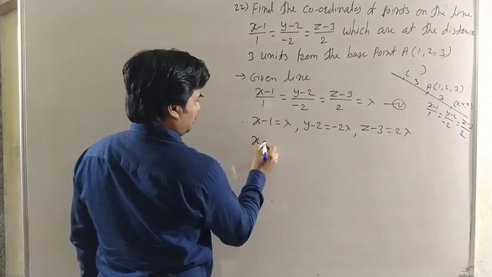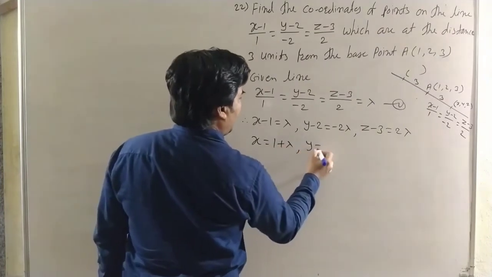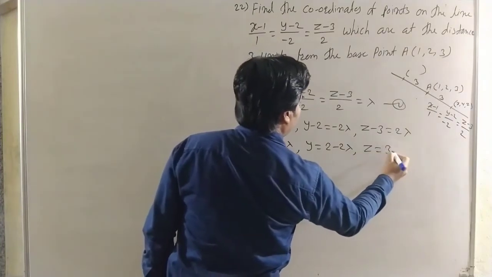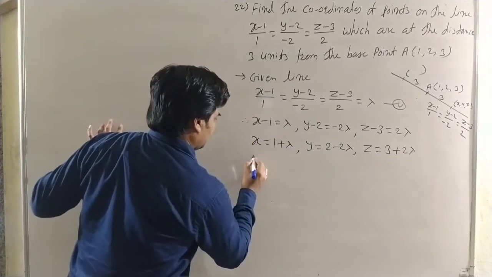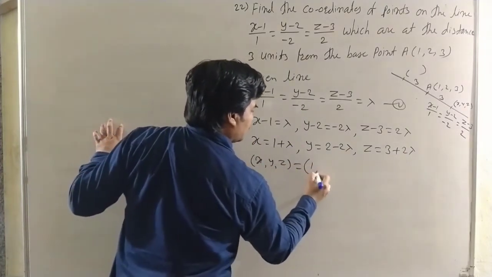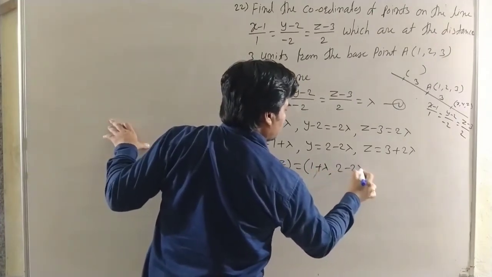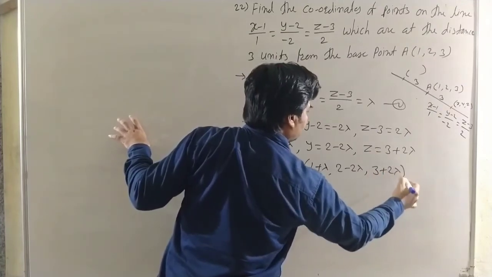Therefore, x is equal to 1 plus lambda, y is equal to 2 minus 2 lambda, and z is equal to 3 plus 2 lambda. Therefore, x, y, z is 1 plus lambda, 2 minus 2 lambda, and 3 plus 2 lambda.